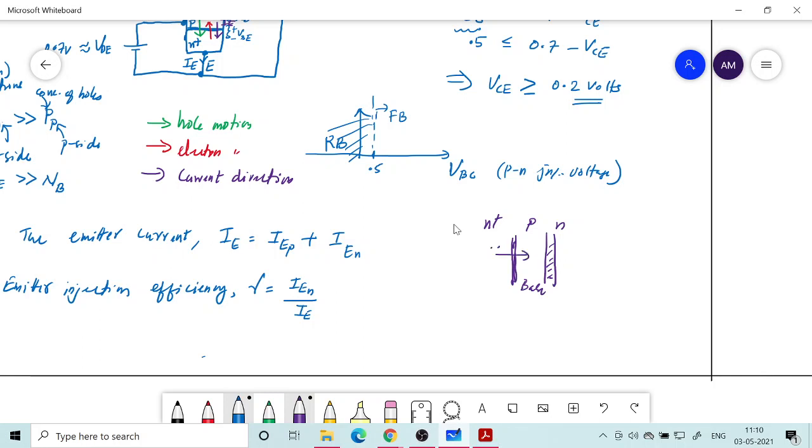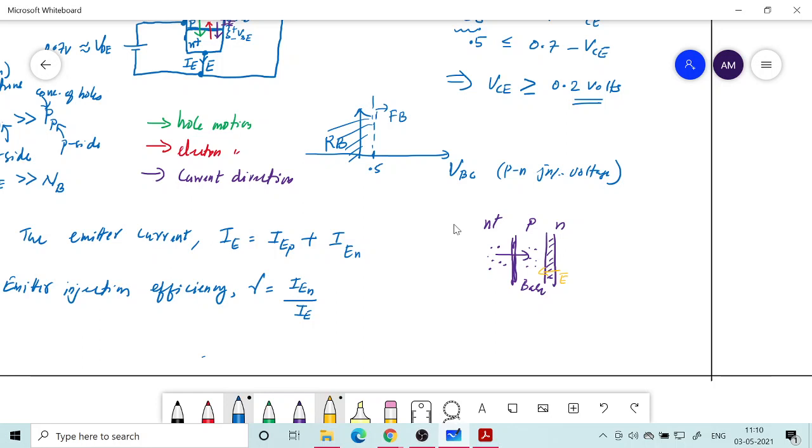These electrons are coming here, and they encounter another depletion region where you have a voltage across it. This is the electric field. It will be from N to P, because the N side is going to be more positive compared to the P side, and it is reverse biased.